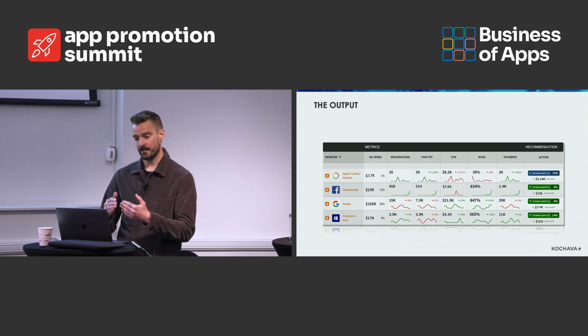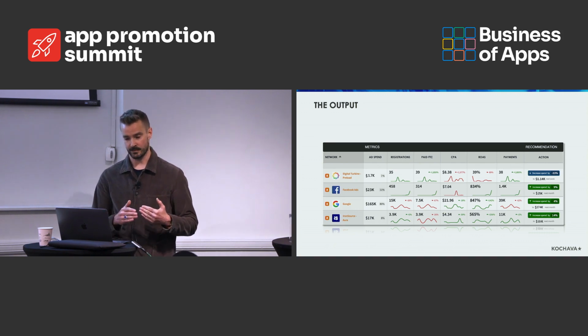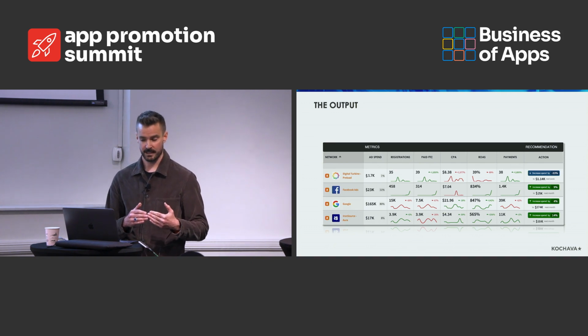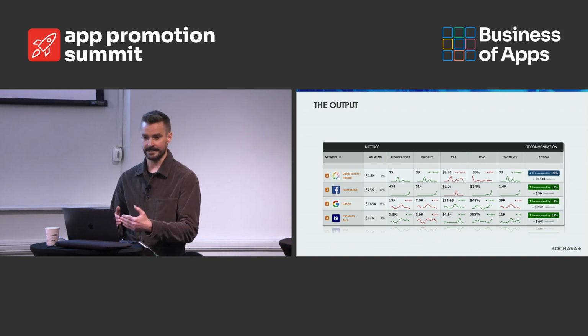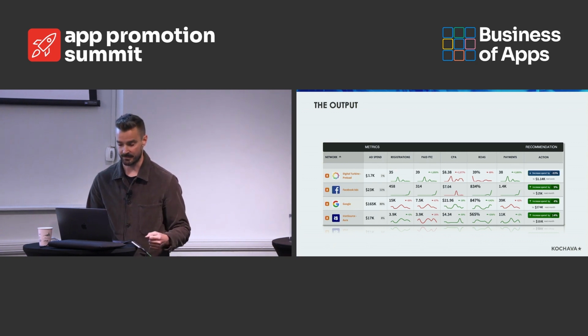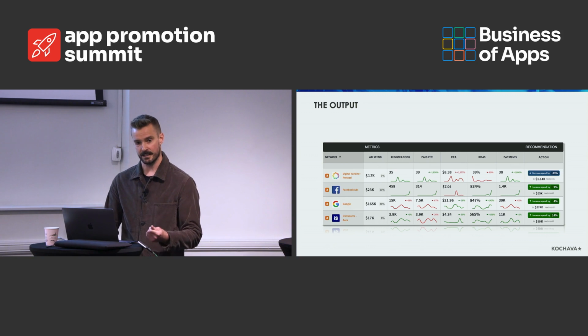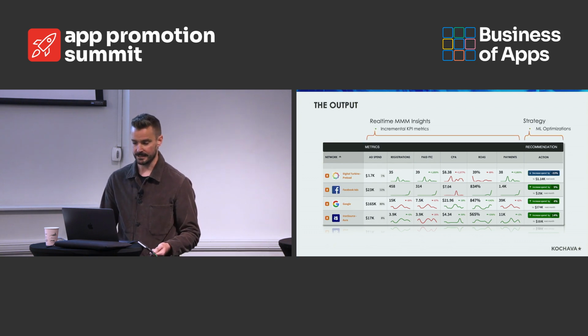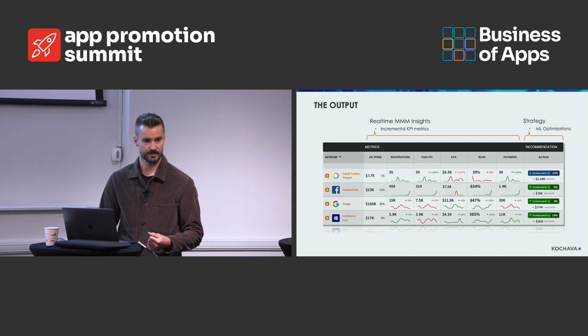An MMM model is not only going to give you a different read on the attribution of your sales, but it's also going to give you recommendations about how to optimize your sales for maximum efficiency in the market. Depending on the optimization strategy that you have, it will optimize towards that. So it's going to give you incremental KPIs and machine learning optimizations.